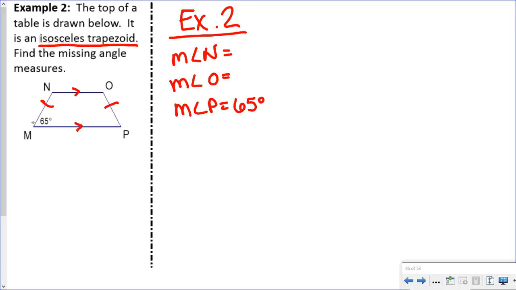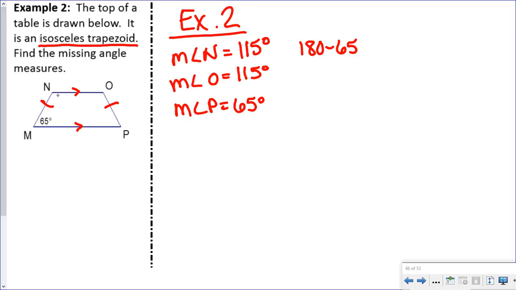Well, you've got that C going on, since these are parallel in a trapezoid. So those angles are supplementary, so you should do 180 minus 65. And what did you get? So we should get 115. And then that's going to be the same as angle O.